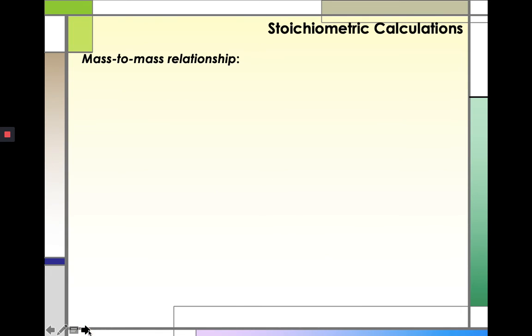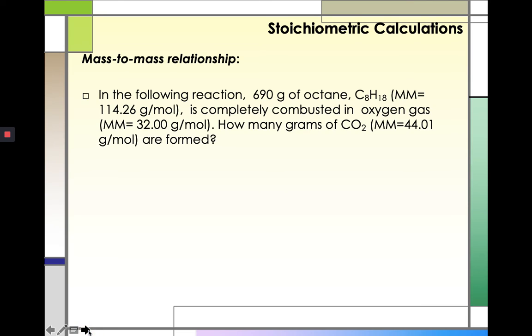So this is now a mass-to-mass relationship. In the following reaction, 690 grams of octane, with the given molar mass of 114.26 grams per mole, is completely combusted in oxygen gas with a molar mass of 32 grams per mole.